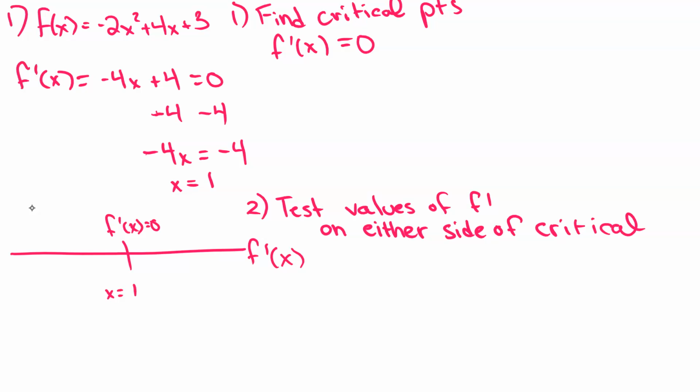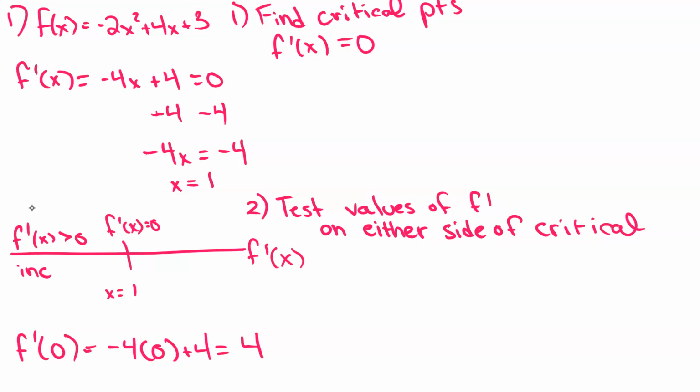Right? So I could pick 0 because that's to the left. Plug that into my derivative. I get positive 4, so over here I've got a positive derivative, which means increasing.